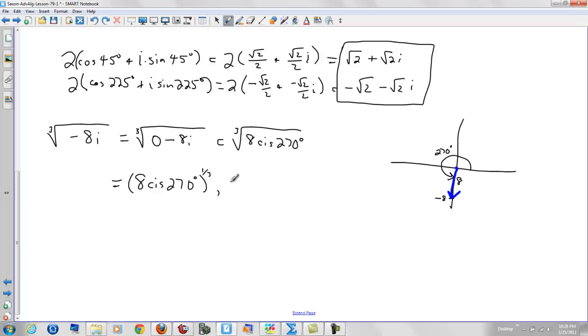So remembering that this is not unique, I would need to write the second form, 8 cis, 270 plus 360 is 630.